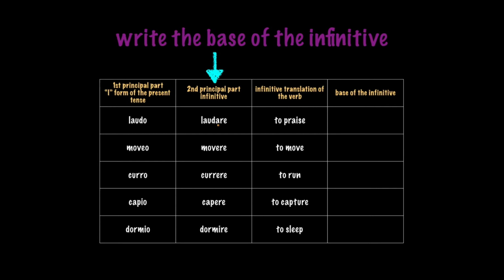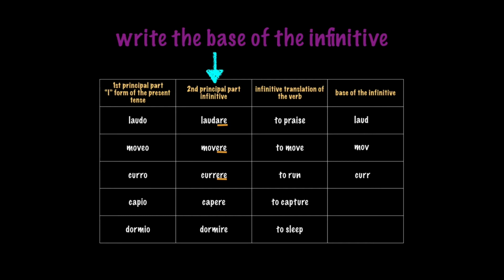The first infinitive is laudare with ARE as the infinitive ending. When you remove it, you create the base laud. Movere uses ERE. Remove it, and you have the base mov. Currere uses the infinitive ending of ERE.